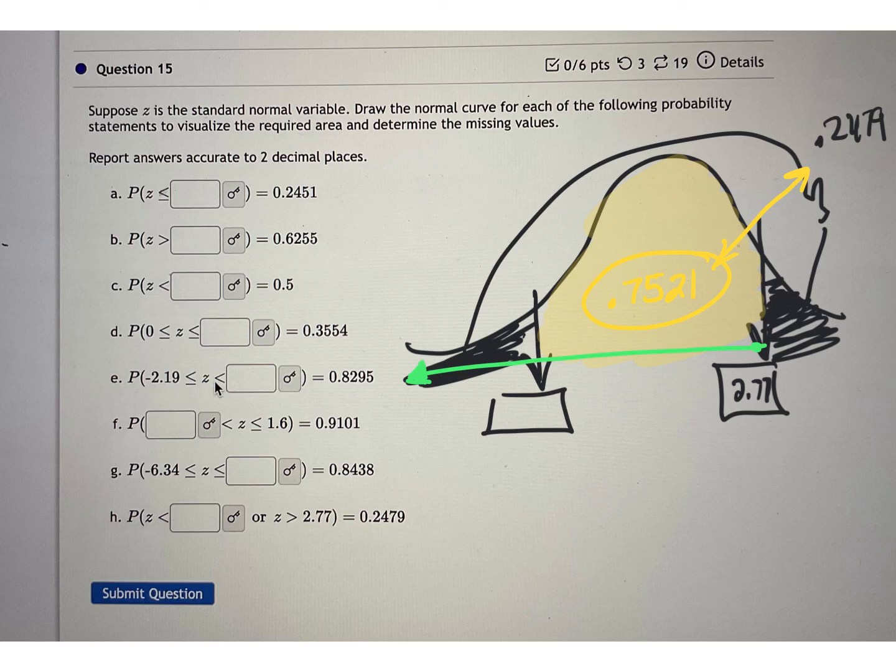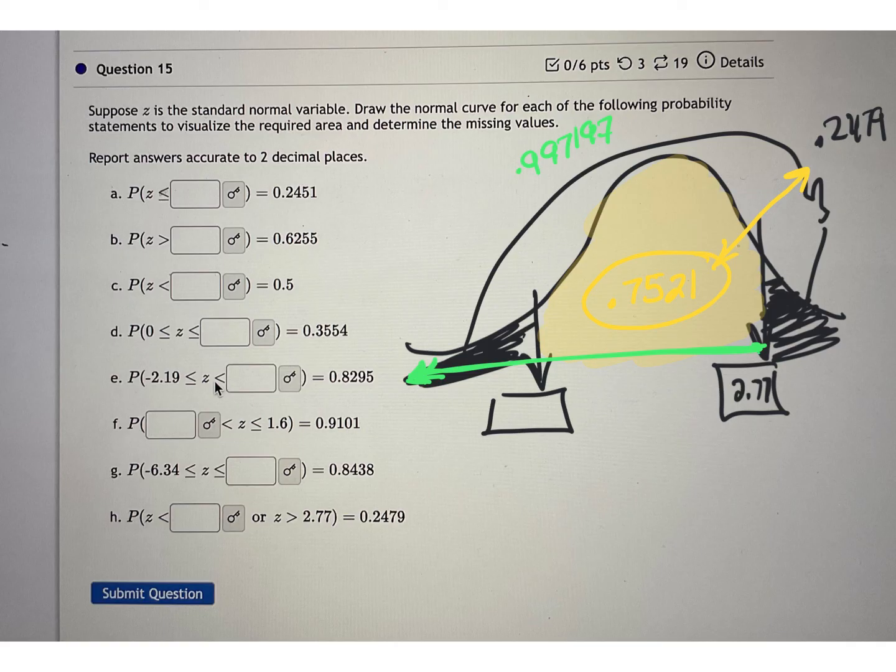using normal CDF, lower limit negative infinity, upper limit 2.77, all of this data from here down is 0.997197.